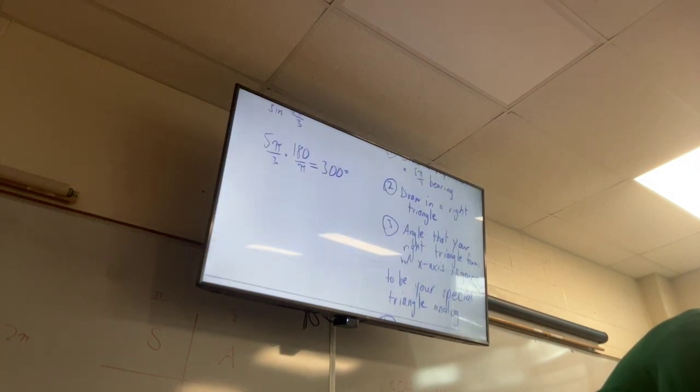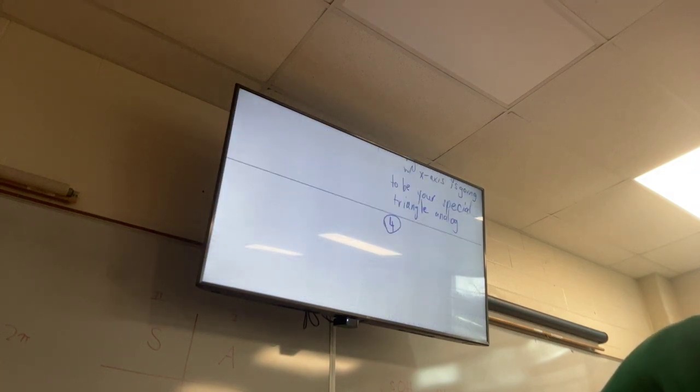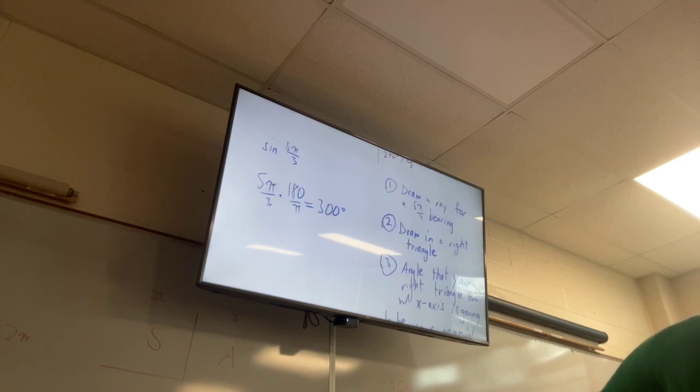We want the sine of that angle. So use the special triangle pictures or drawings. For the sine of 300 degrees, I'm actually going to find the sine of 60 degrees.